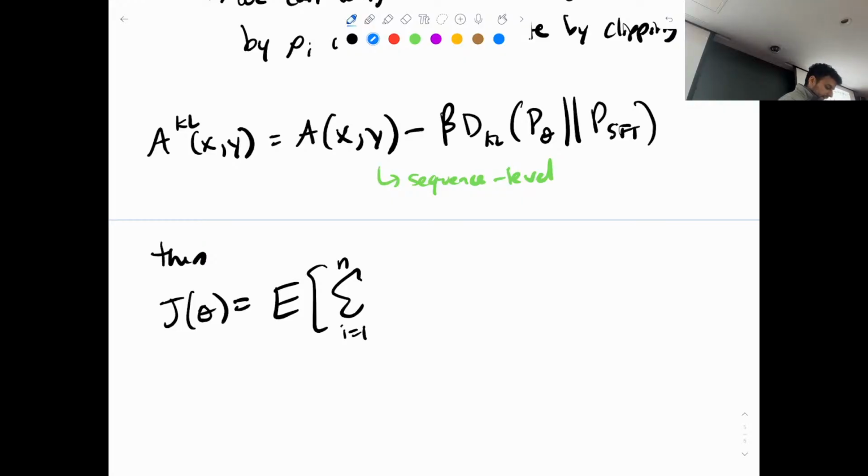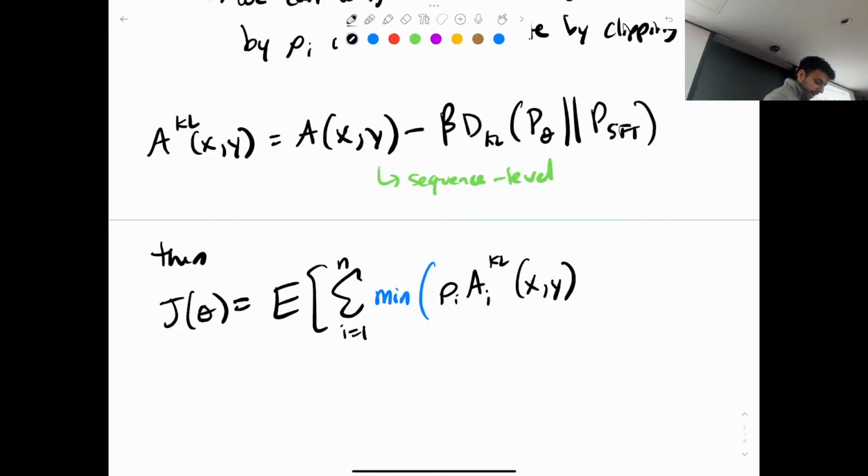This is the term in PPO, where we take the minimum of the policy ratio i times our advantage at any given position i, and we compare this to this clipped term. Sorry, this is getting complicated.